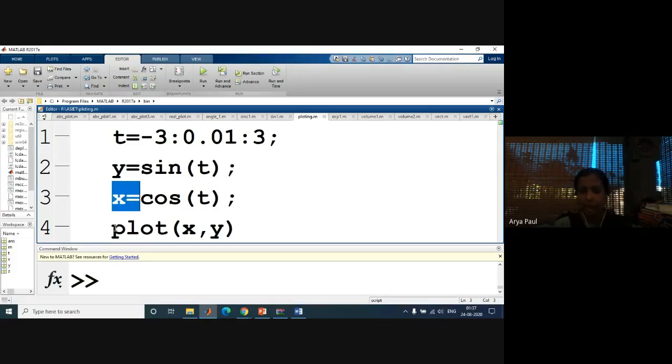Now you plot cos versus sine. If you plot x-axis cosine and y-axis sine, plot x, what is x? Cosine. And what is y? Y is sine. If you plot sine against cos, you will get a circle.